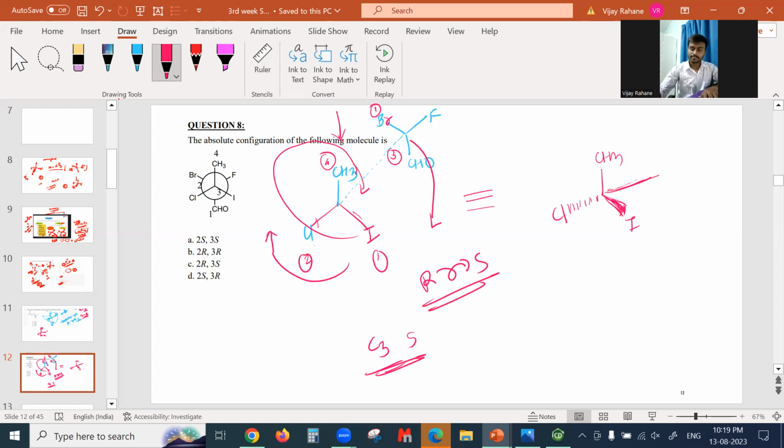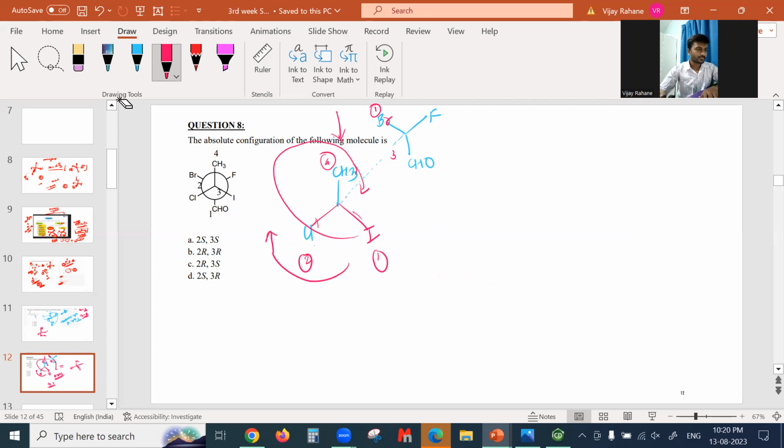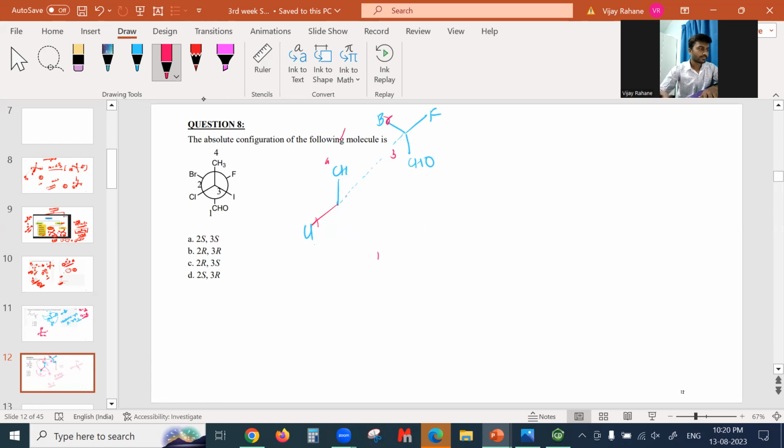So I will just erase all this. So the bromine will have the first numbering.